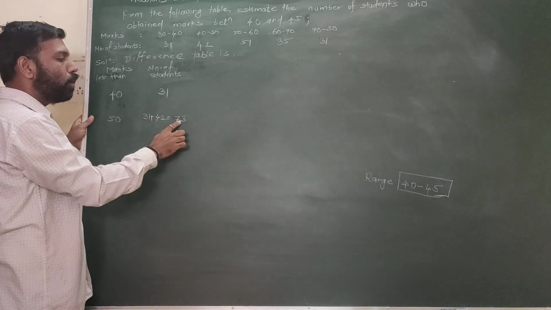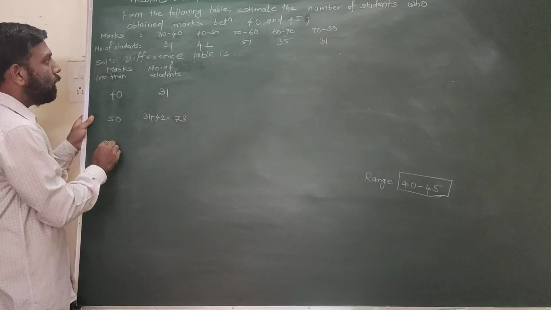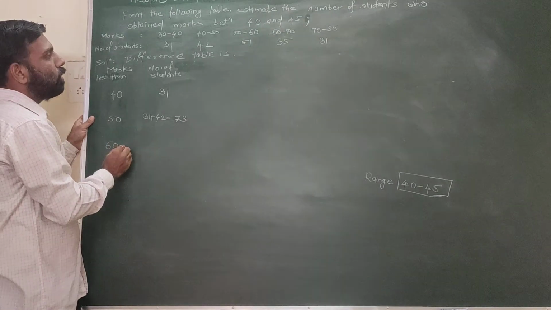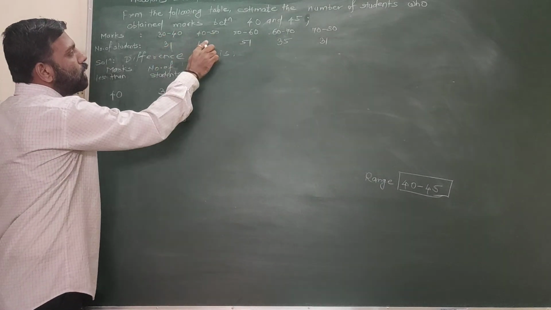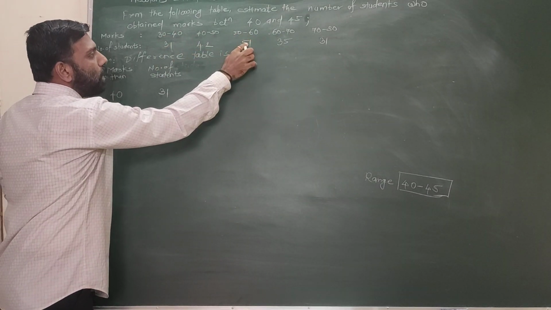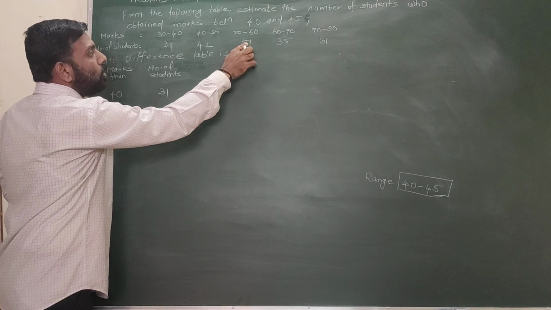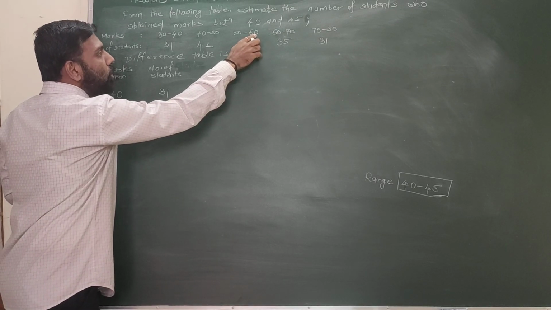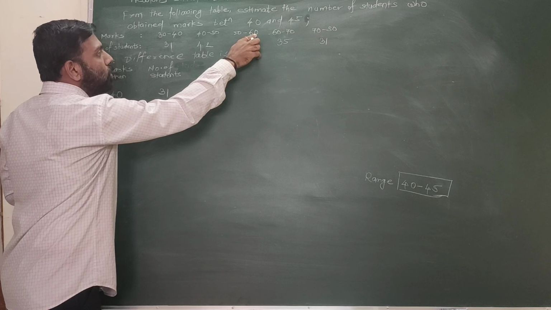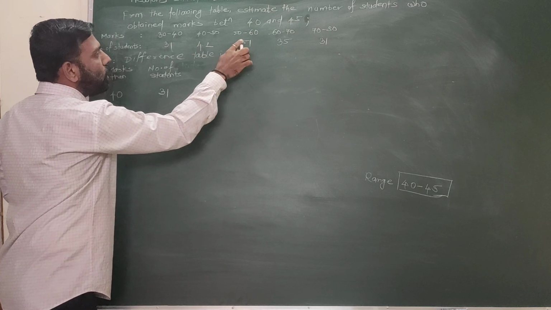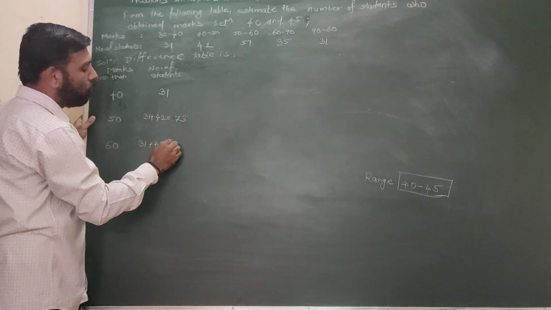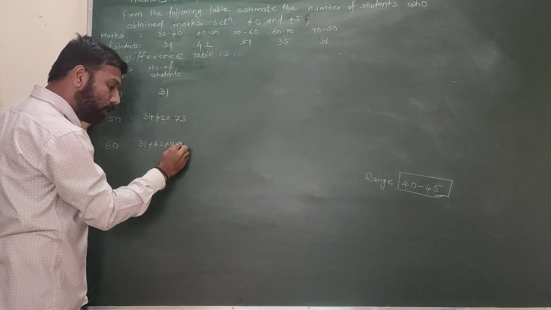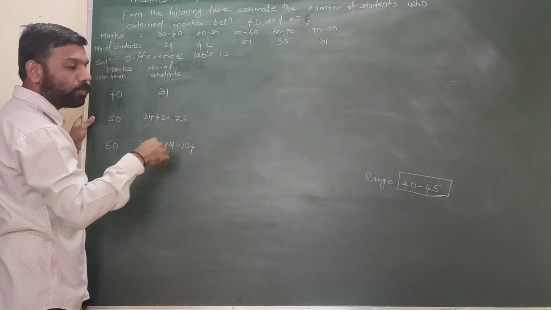Similarly, below 60: in this range, there are 31, in this range 42, in this range 51. But below 60, we have to take the addition of all these three values. So 31 plus 42 plus 51, and that value is 124.